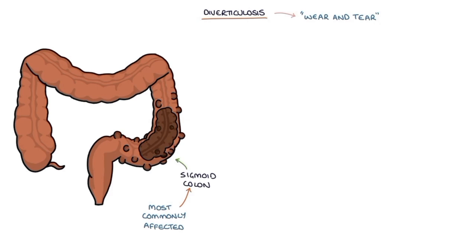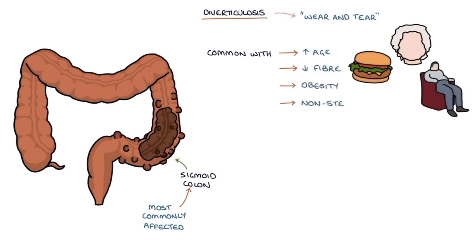Small bowel diverticula are also possible but much less common. Diverticulosis is very common with increased age. Low-fiber diets, obesity, and the use of non-steroidal anti-inflammatory drugs or NSAIDs are also risk factors. The use of NSAIDs increases the risk of diverticular hemorrhage.